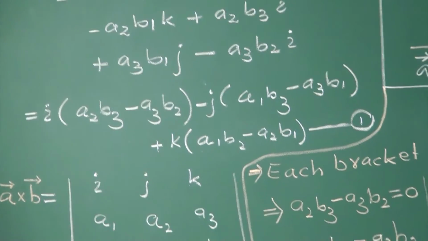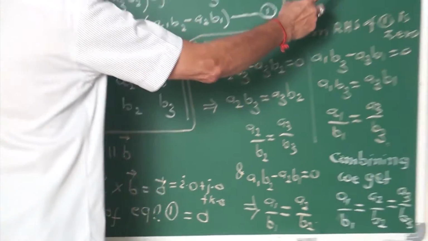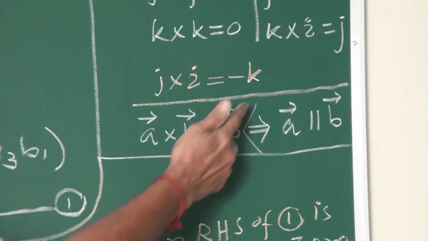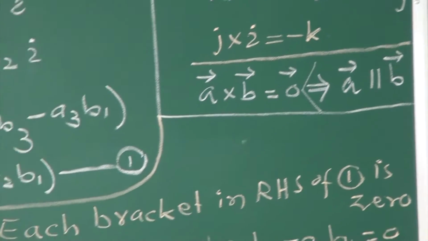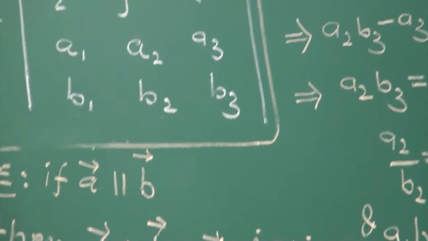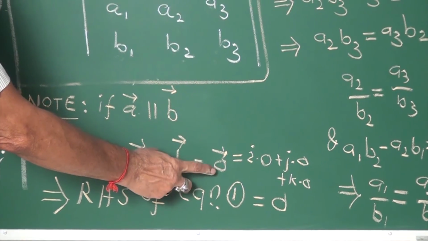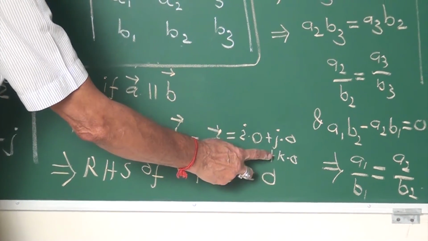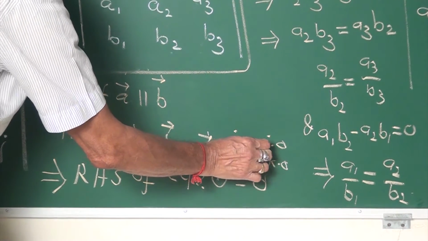Note, if a is parallel to b, then a cross b is the zero vector. Now this 0 can be written as i into 0 minus j into 0 plus k into 0. Anyway, minus or plus, it is 0 itself.